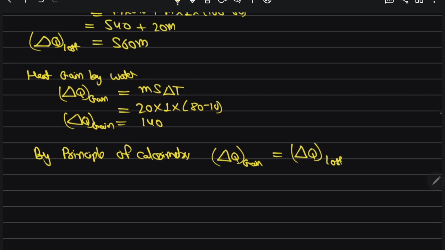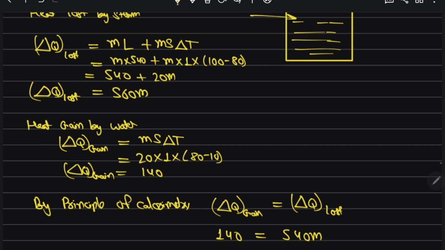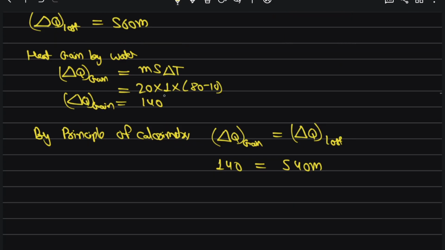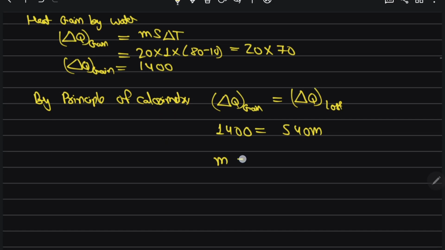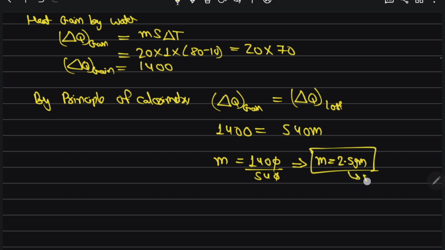So heat gain is 20 into 70, which comes out to be 1400, that is equal to heat lost, 560 m. So m comes out to be 1400 divided by 560, which is 140 divided by 56, so this comes out to be 2.5 gram. Means steam is converted into water.